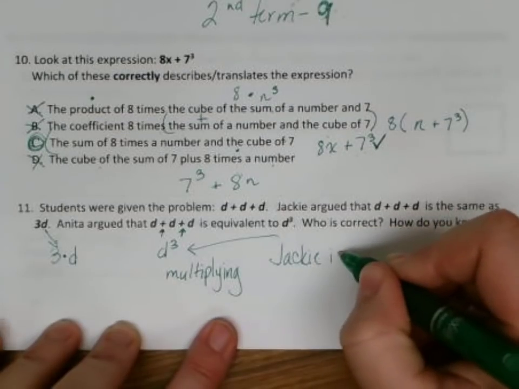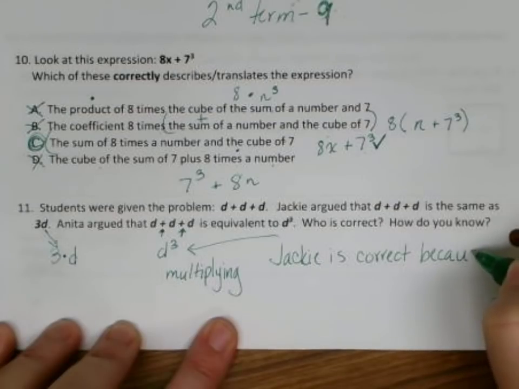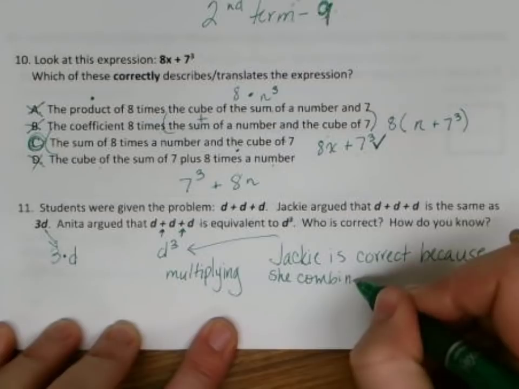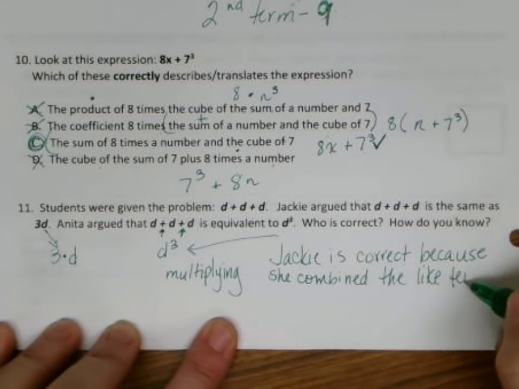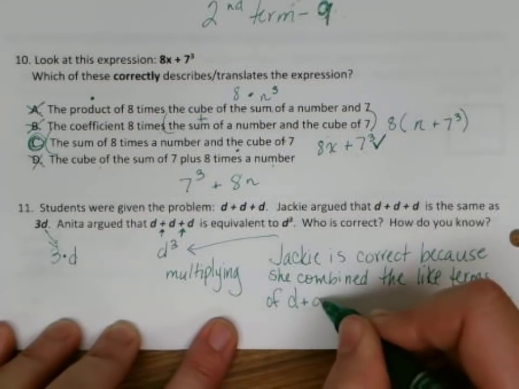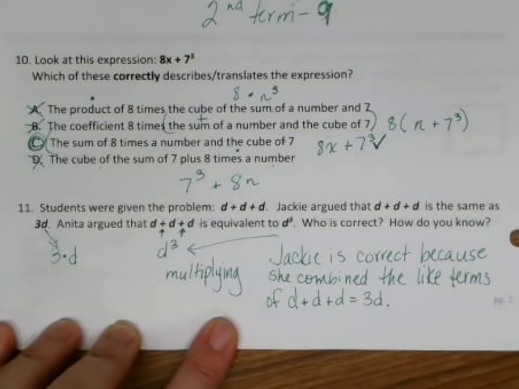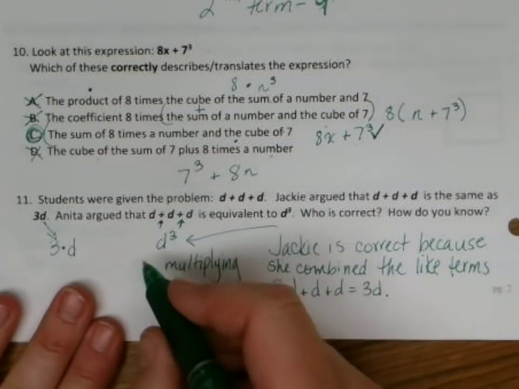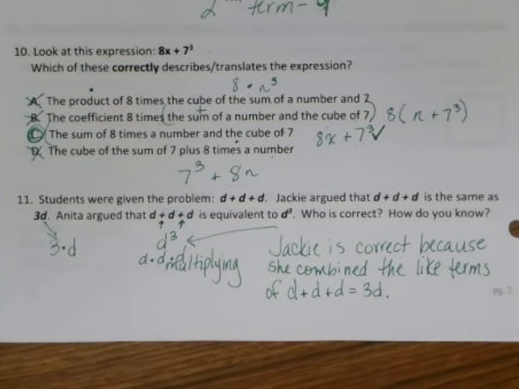Jackie is correct, and that is because she combined the like terms. You got to get used to writing in math D plus D plus D to equal 3D. And we already said for this one, if we were doing D cubed, that would be D times D times D, which is a different operation.